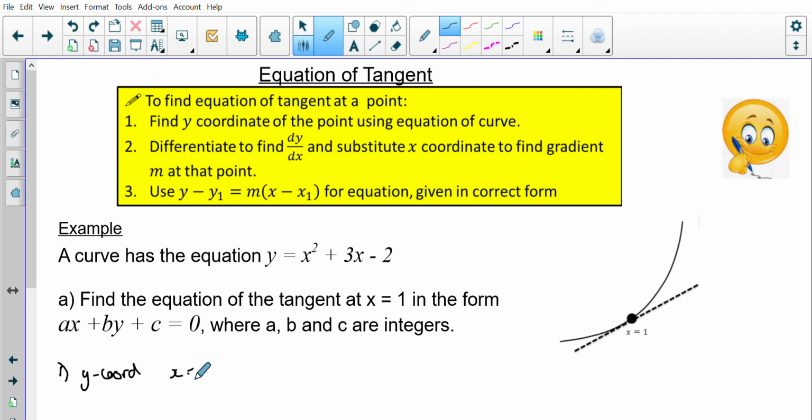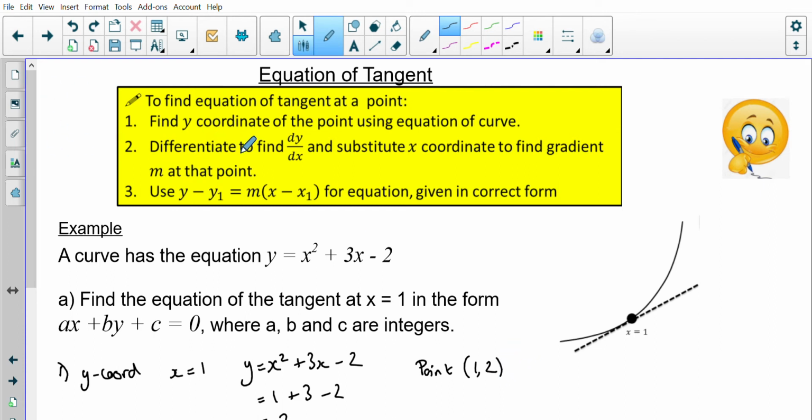So when x equals 1, substituting into the equation of the curve, we can find the y coordinate. And we get the y coordinate is equal to 2. So we know that our point therefore is (1, 2).